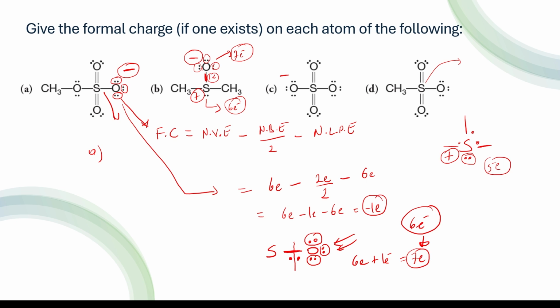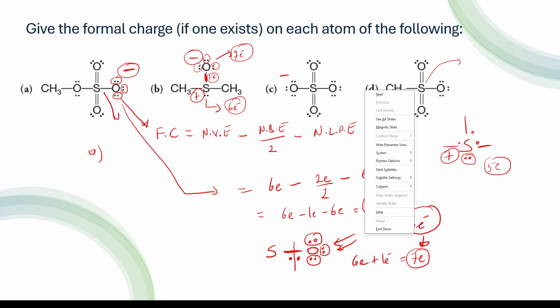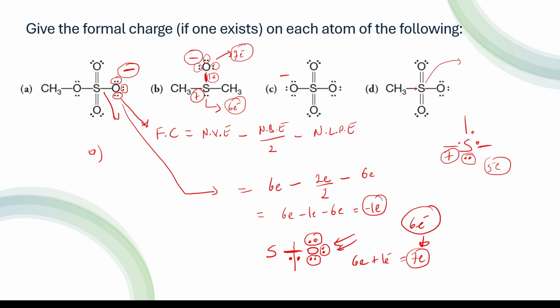Again, it doesn't have any lone pair electrons, but it's surrounded by how many electrons in the bonds? So 1 electron from here, 1, 2. In the double bond, actually we have 4 electrons, but 2 are contributed from sulfur and 2 are contributed from the oxygen. So we have 2, 2, 1, 1.